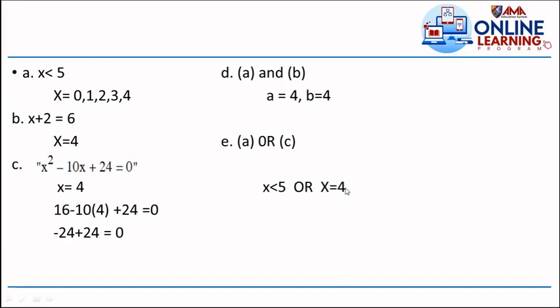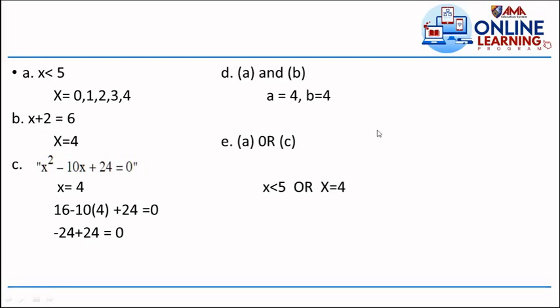But in statement A, x is less than 5, you can choose here, so any of them is possible. So it could be 1, 2, 3, 4. So this one is false. So we have an OR statement here. At least one is true.